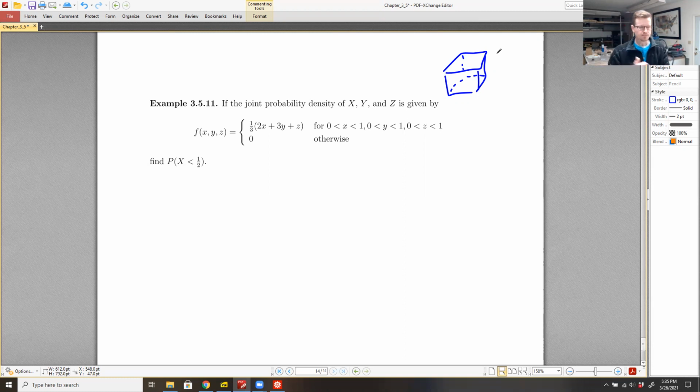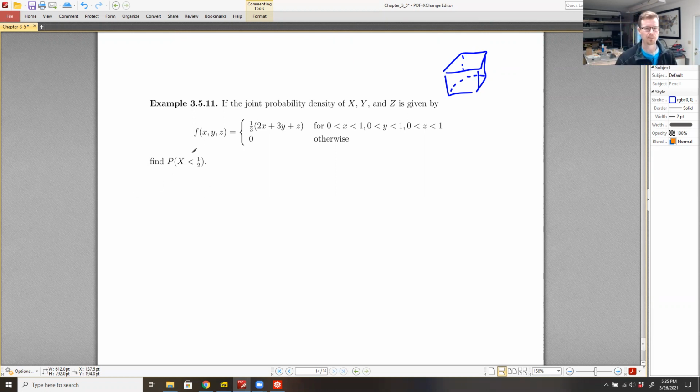But here, I would have to introduce a fourth dimension to talk about the height away from any location in the cube. So it's a little bit different. We don't have the nice visualizations, but the concepts extend seamlessly to three or more variables from what we had in two variables, and the integration concepts are exactly the same.